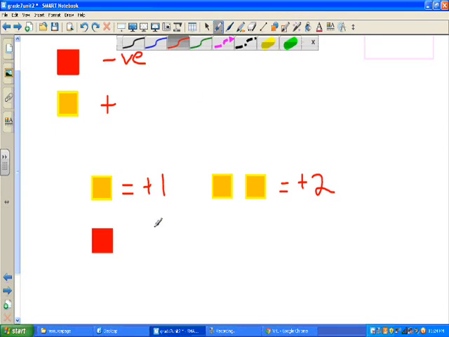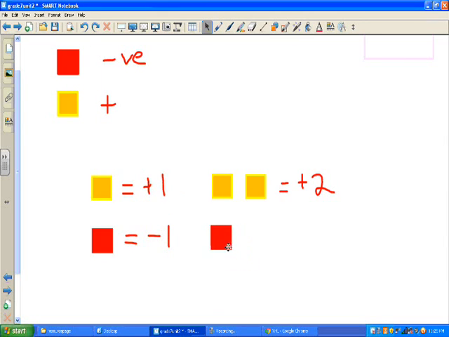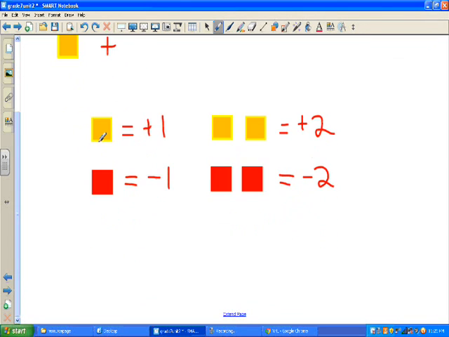If I put 1 of those, it would be minus 1. If I put 2 of these, it would be, very simply, minus 2. Okay. So you can represent any number, positive or negative, using these blocks.